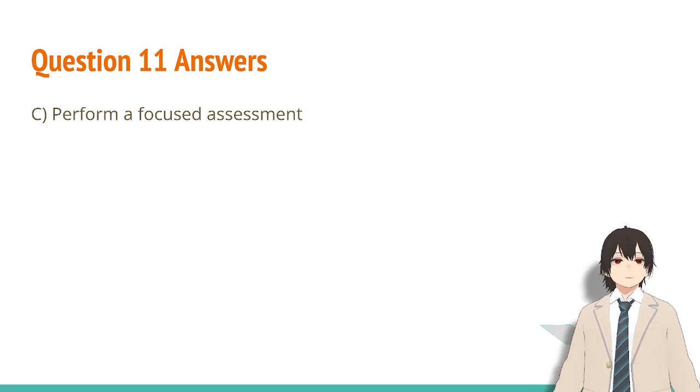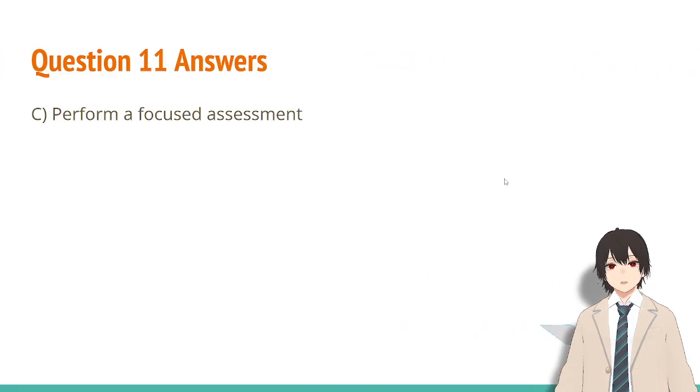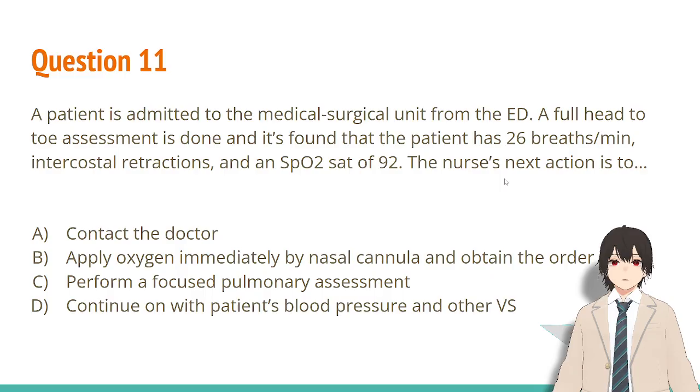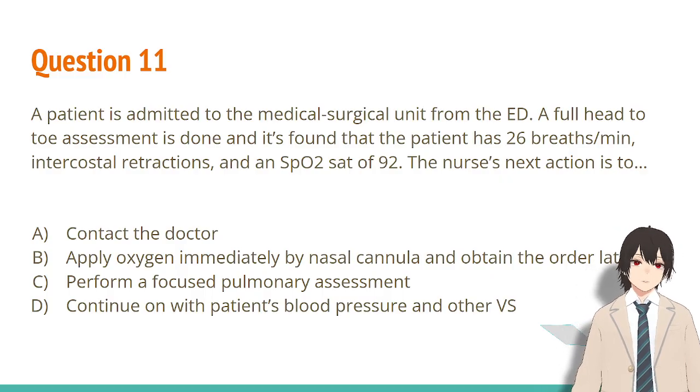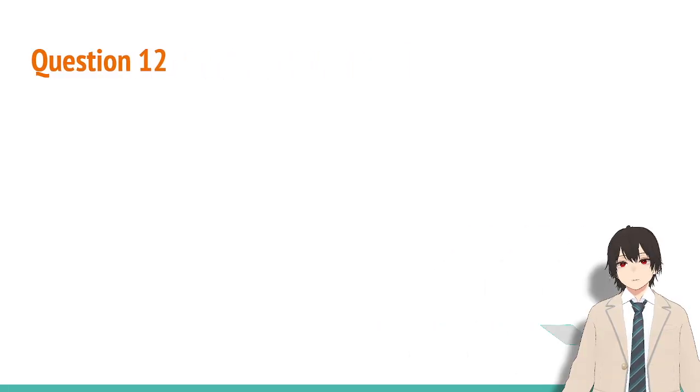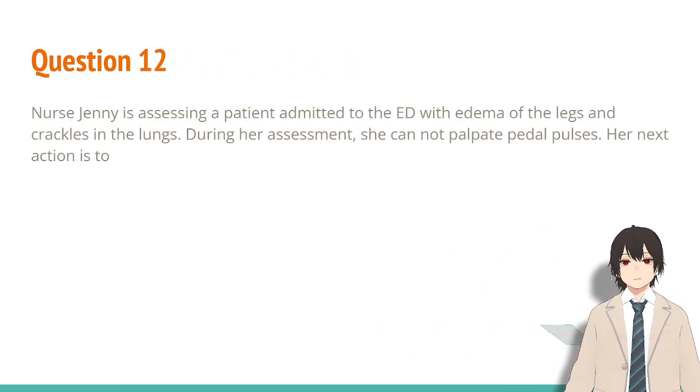You always want to assess before you intervene, unless the question explicitly says that you already performed an assessment, right? And it has to be a good one, not like this question where it was just vital signs. That's not totally done because I need the bigger picture. Like I need to know if they have COPD, sorry, not SpO2.